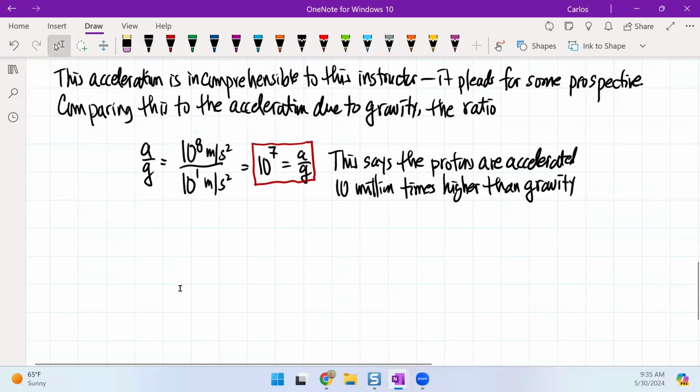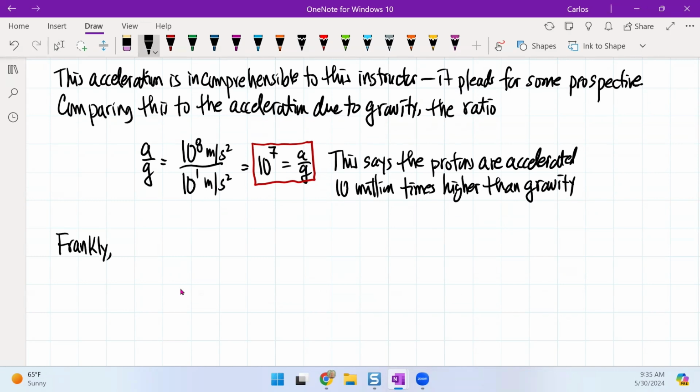Frankly, I still don't understand. Frankly, this does not help much. So let's take a different approach.